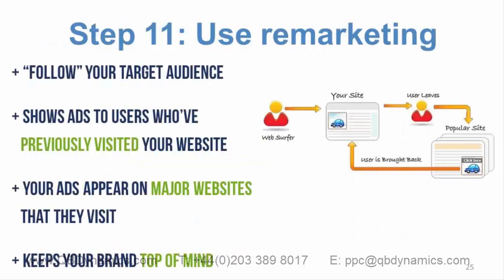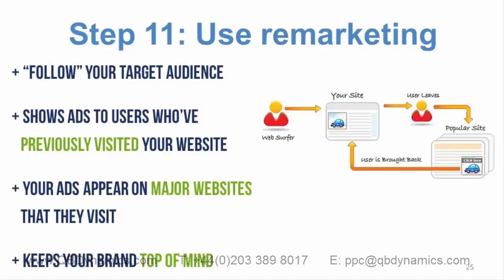Now, step 11, use remarketing. If you're not familiar with it, remarketing is a very powerful advertising technology that allows you to follow your target audience around the web. What exactly do I mean by that?